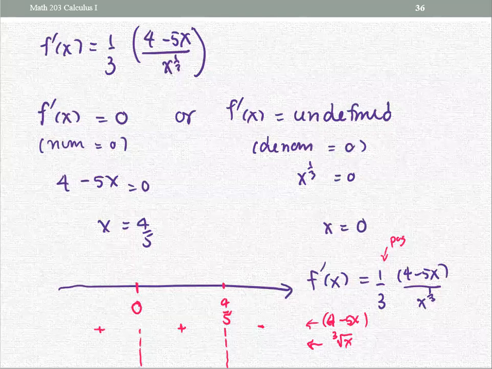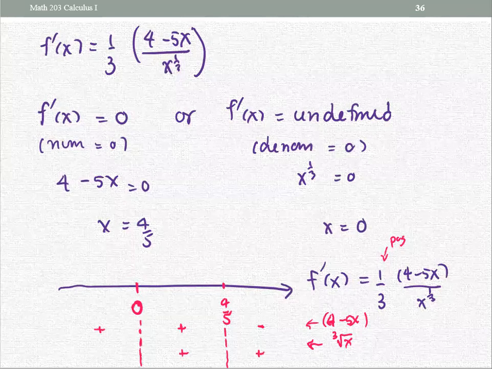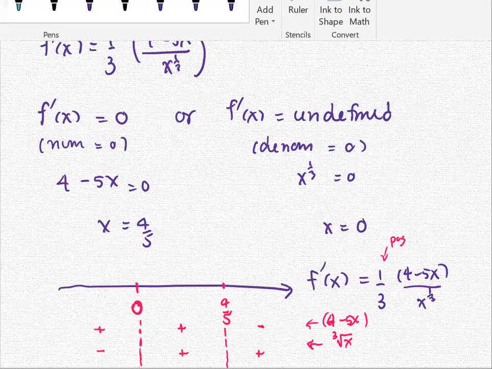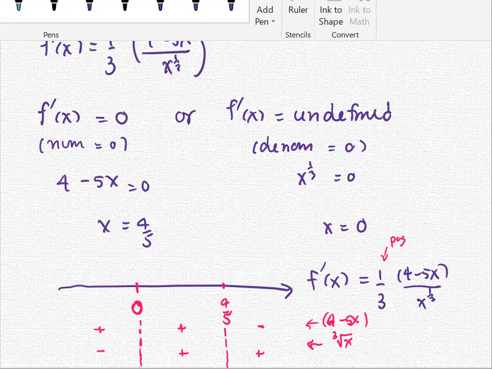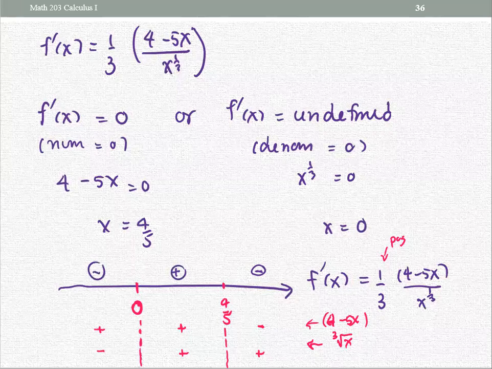The reference point is 0, because the cube root of 0 is 0. A number greater than 0 makes this factor positive, and a number lower than 0 makes the cube root negative. So the sign of f prime, negative divided by positive, is negative here, positive here, and negative here.